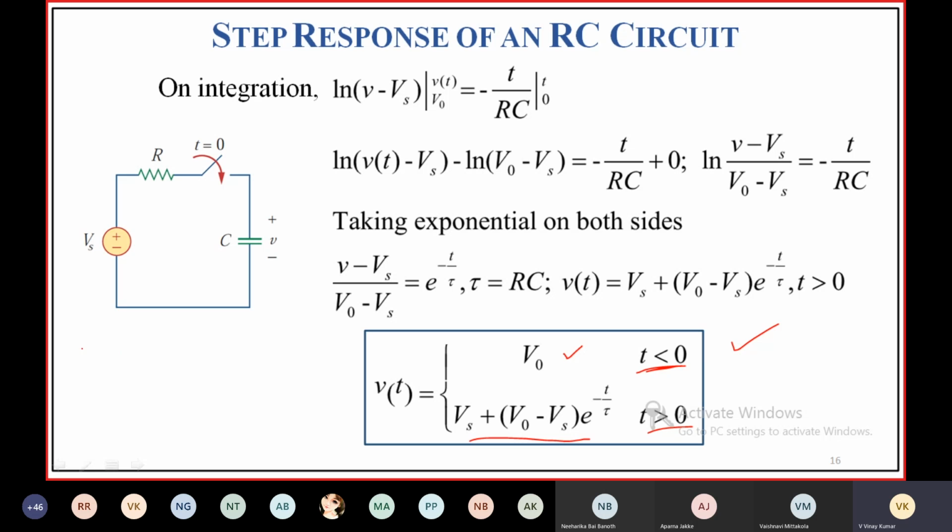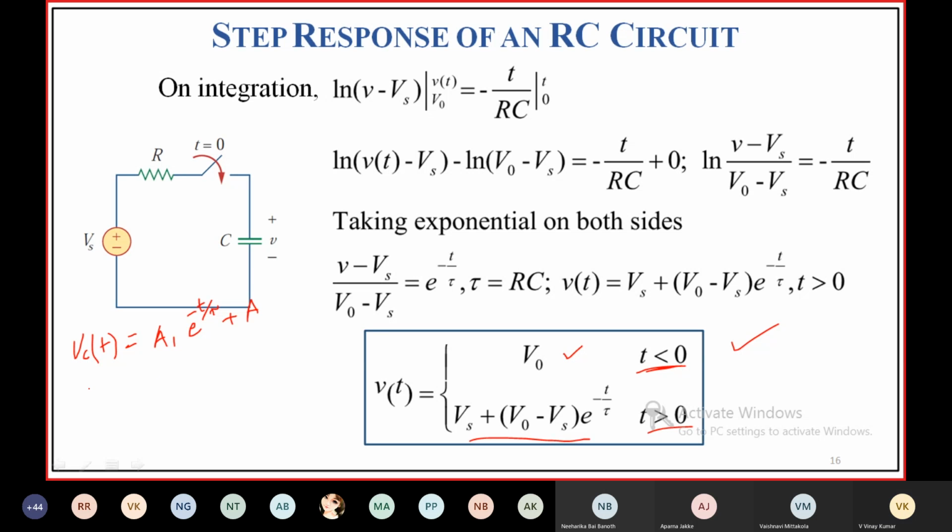Here the general equation can be written like this: Vc of t is equal to a1 e power minus t by tau, where tau is the time constant RC, plus a.